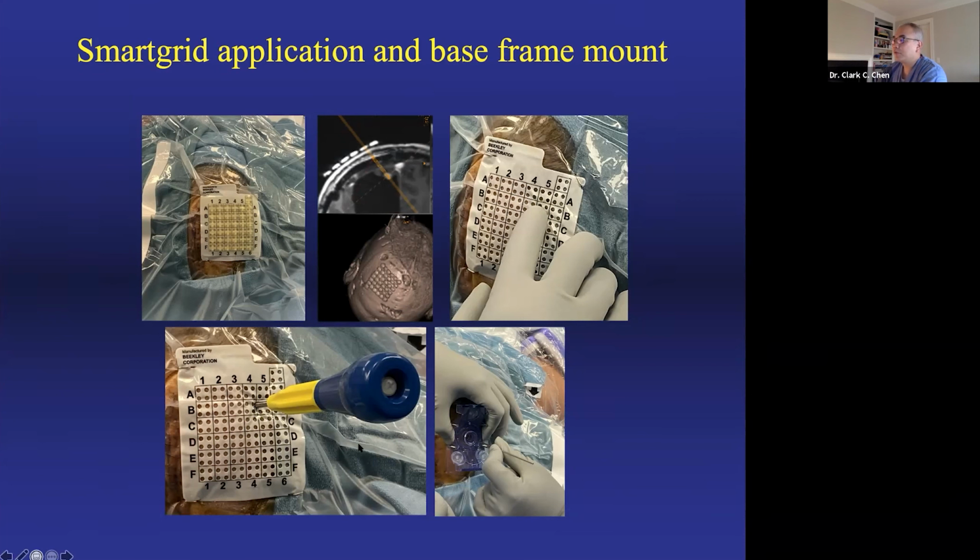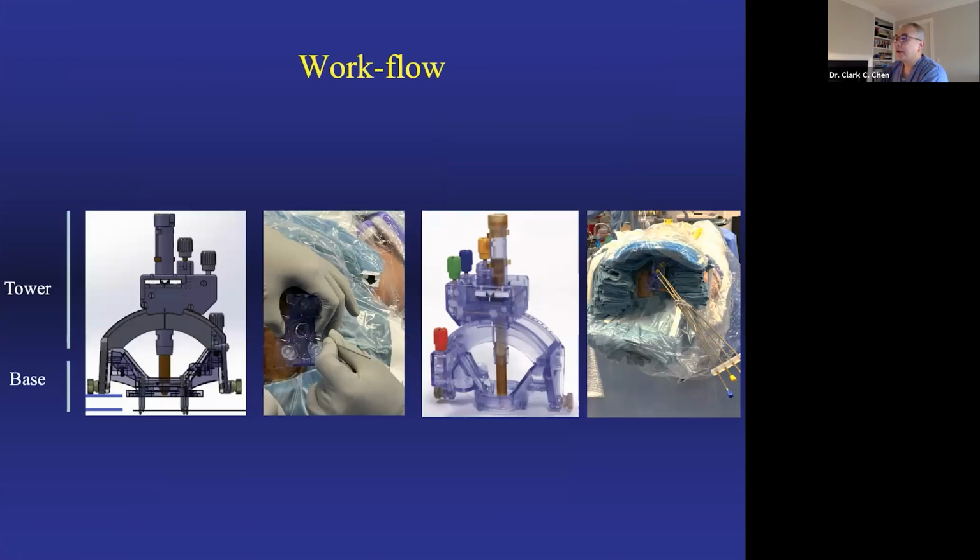Once that dimple is made, there is an instrument where you can find that dimple and mount your frame, which is secured by 3 small screws, so that you're centered precisely at that entry point. After the frame is mounted, the tower is placed, and then the extensions that will allow you to make adjustments to your trajectory are placed.